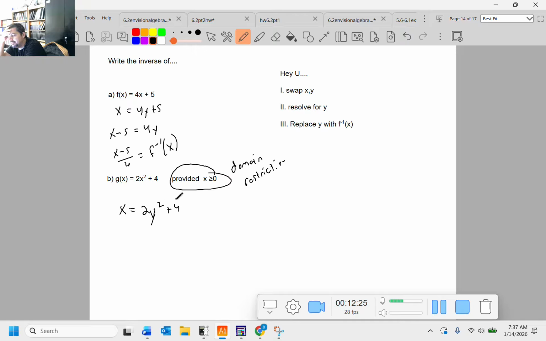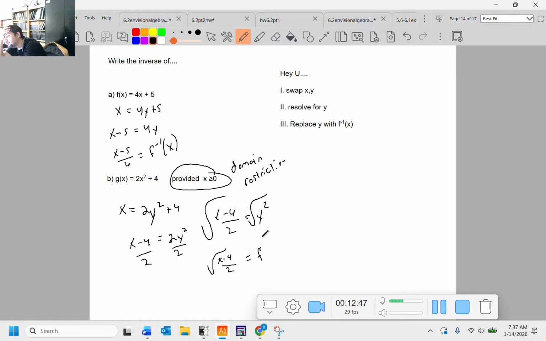And it's got 1, 2, 3 moves to solve. The opposite of adding is subtracting. The opposite of multiplication is division. And the opposite of squaring is square rooting. So the square root of (x minus 4) all over 2 is the inverse of, this one was g, not f, is the inverse of g of x.